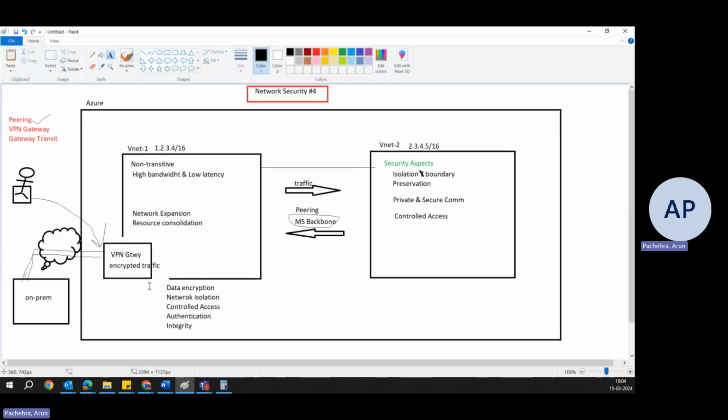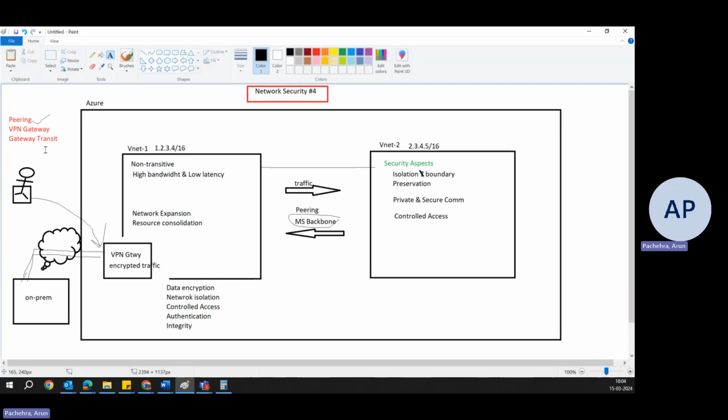By providing data encryption, strong authentication, and network isolation, VPN gateway addresses key security concerns associated with transmitting data over public networks. Whether it's facilitating remote access, enabling hybrid cloud architectures, or connecting distributed applications, VPN gateway offers a robust solution for secure network connectivity in Azure.